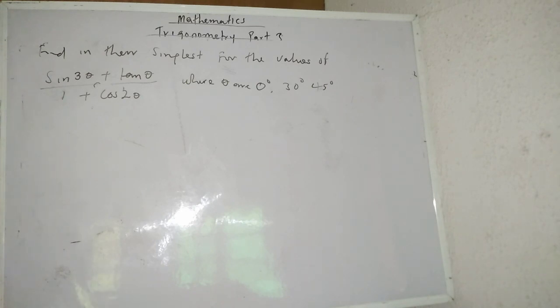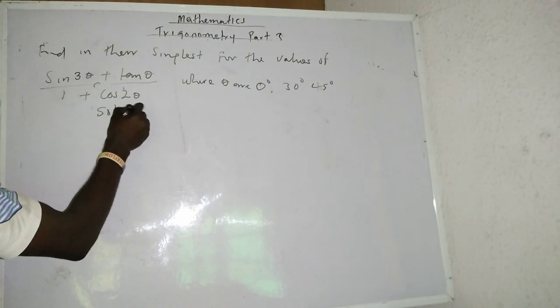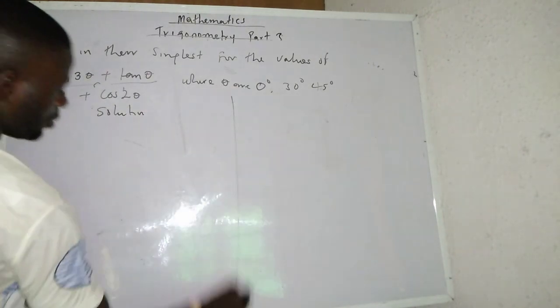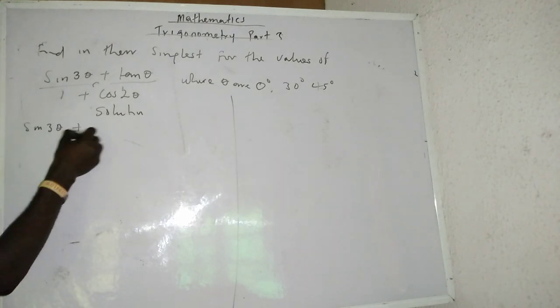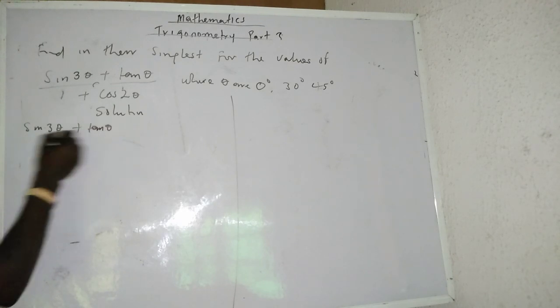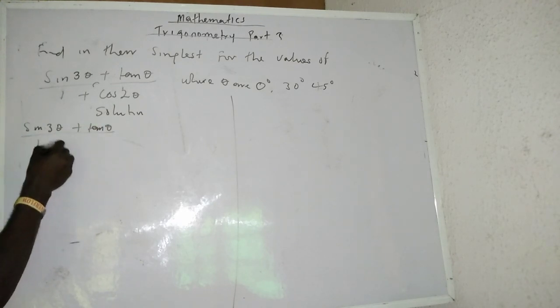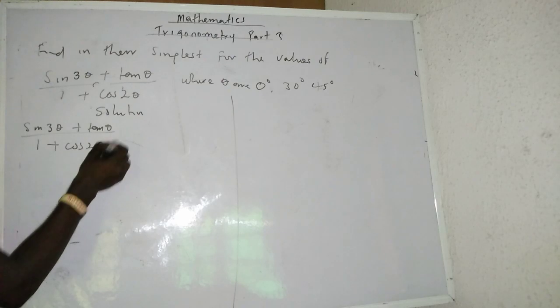Now, if I have this type of problem, the solution is very simple. We have sine 3 theta plus tan theta divided by 1 plus cos 2 theta.